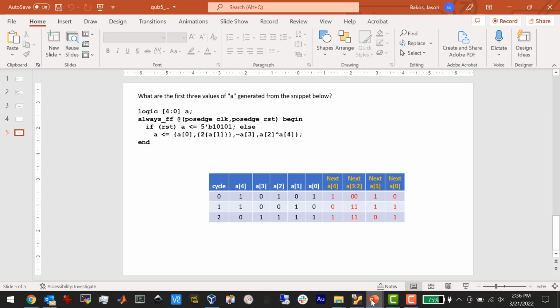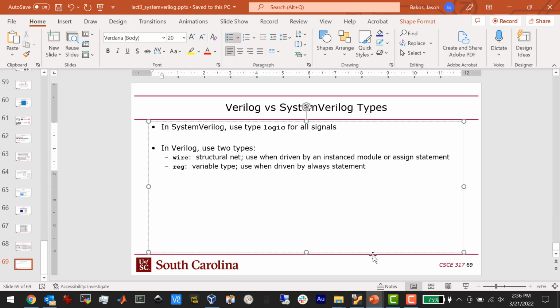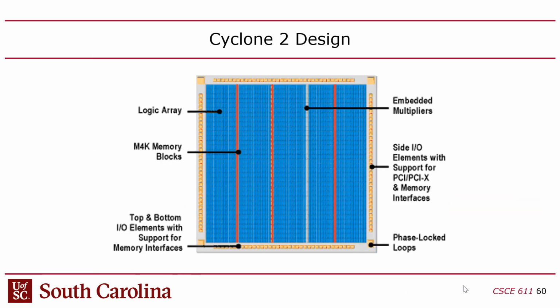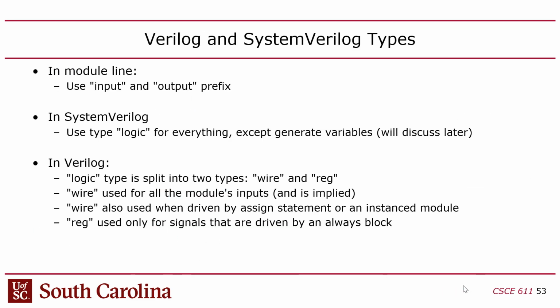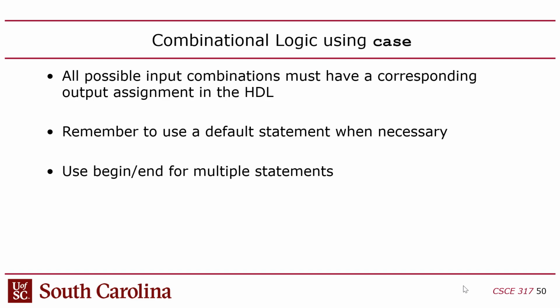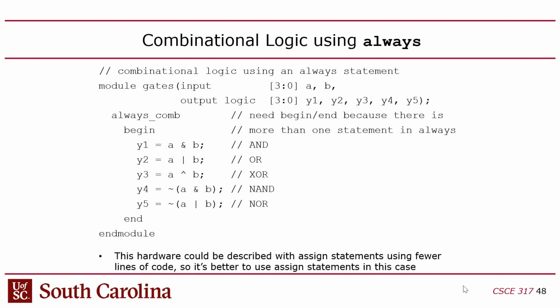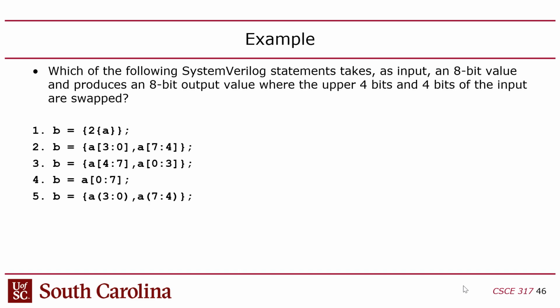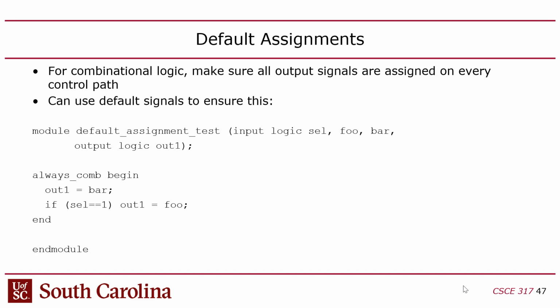Okay, now if we switch back here to lecture 3. A couple other simple things that shouldn't be a big deal. You probably already gathered this stuff, but we haven't talked too much about always_comb.